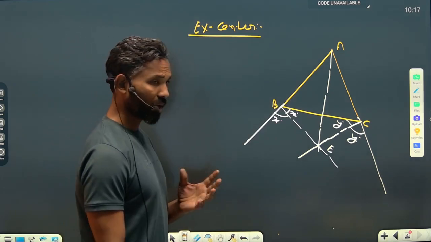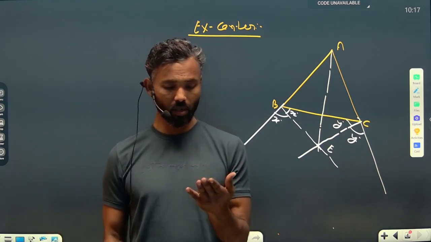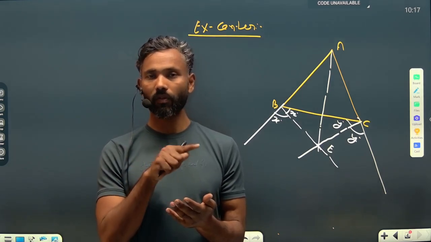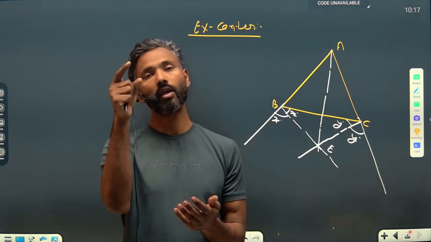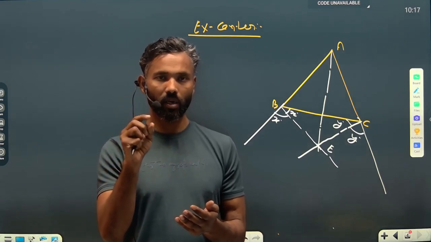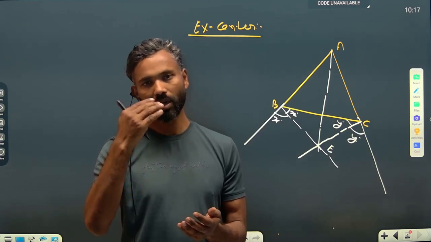In the same way, when we were discussing circumcenter, we discussed that if we draw a circle from circumcenter, that will be known as circumcircle, and that circle will pass through each vertex of the triangle. If we draw a circle from incenter, that will be inside the triangle touching all the sides of the triangle, that is known as incircle.